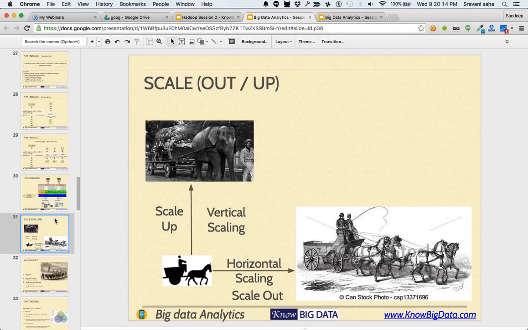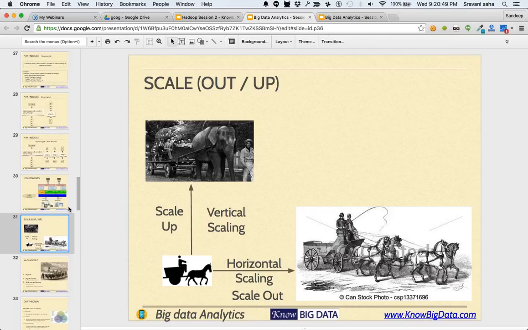Now, the second mechanism, where you have multiple machines doing the work, is far more scalable, while the first approach, vertical scaling, does not scale well. After a point of time, you will realize that your elephant is not sufficient, and then you will ask what to do now. Should we wait for elephants to grow big? Or say it's not possible to carry that kind of load?